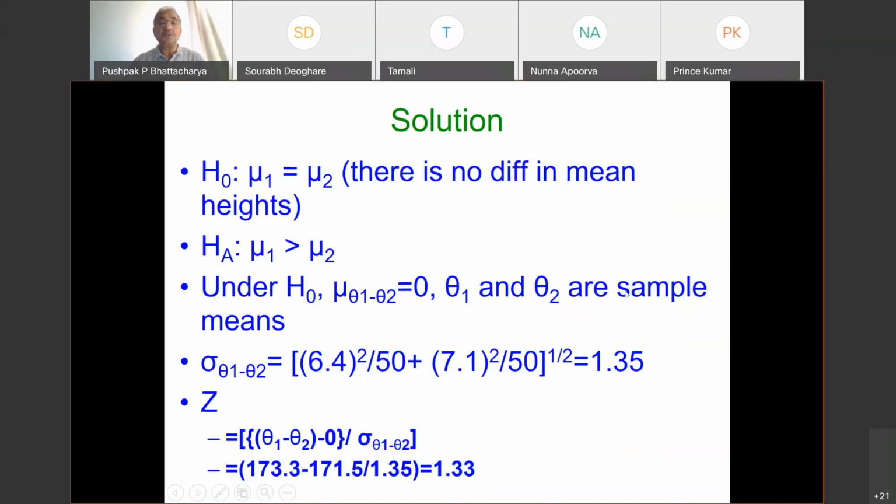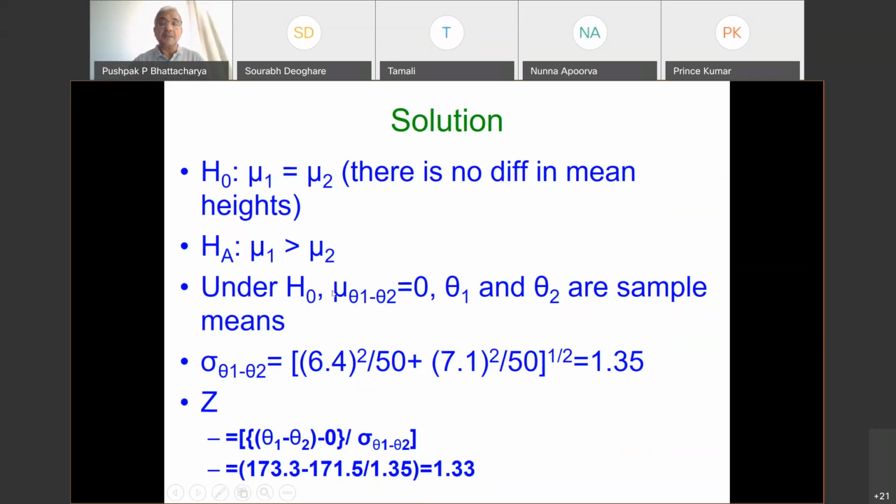Theta1 and theta2 are sample means for athlete males and non-athlete males. Now I take the difference of theta1 and theta2. That also is a random variable, right? I think you can see that. The difference is also a random variable. It will differ from sample to sample.